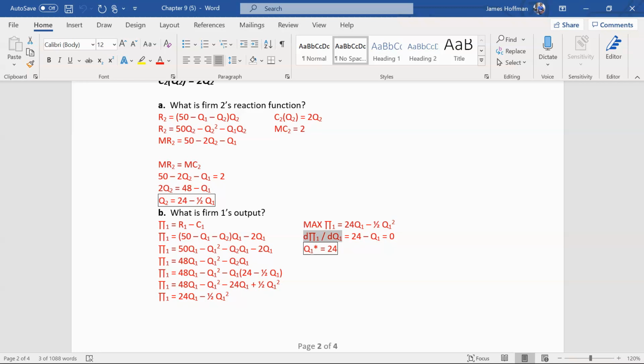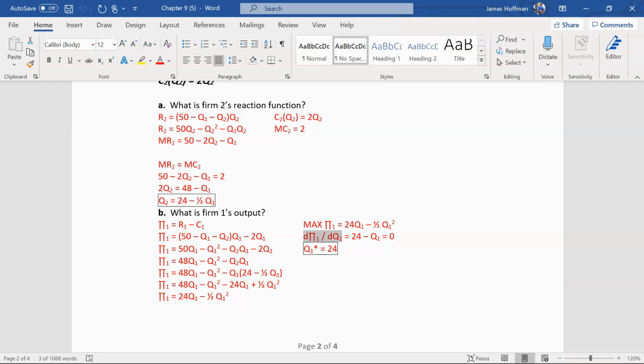So that's the context here: differentiate profit, and when that equals 0, it has hit its maximum point, and you want the Q star that identifies that. So differentiate profit 1 with respect to Q1, set it equal to 0, and then find that Q1, because that's when profit reaches its highest point.